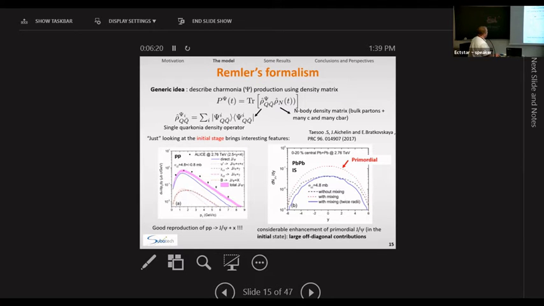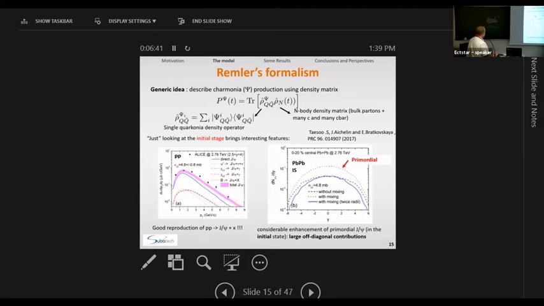However, if you take into account the off-diagonal contribution stemming from different scattering centers, then you get a different result at the very early stage. Starting from this formula, we get some nice features from the quantum interference.